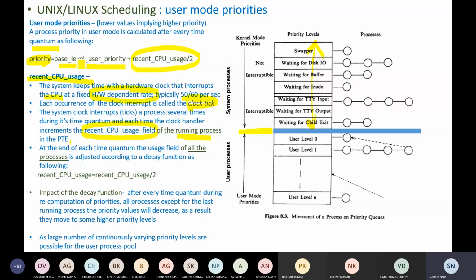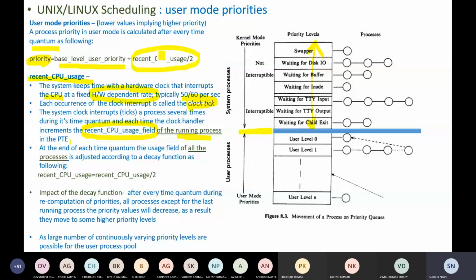In the last time quantum my CPU usage field has increased, but the others who are not running, their field has not increased. So my priority will have a higher value compared to others. We'll see in one example that this will not allow me to use the CPU in consecutive time quantums, if other processes are also ready. We'll see how it happens.